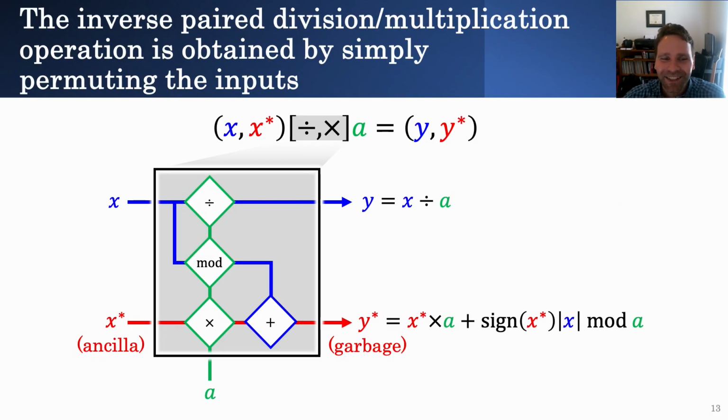So that's the idea. It turns out you can also reverse these operations, and if you wanted to carry out integer division, the main operation that was not reversible in the case of integer arithmetic, just using these normal numbers, it turns out just by dividing x by a, I'd lose that remainder term. But if I use this paired integer division/multiplication operation, all I have to do is carry over the remainder from dividing x by a and add it to my garbage bits, or my recycling bits, if you like.